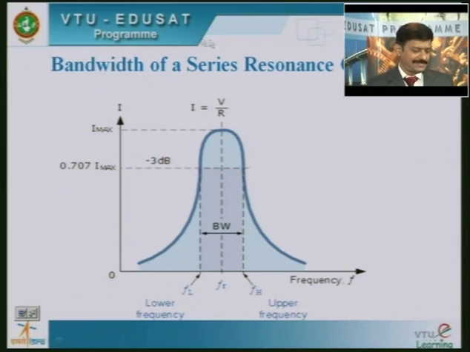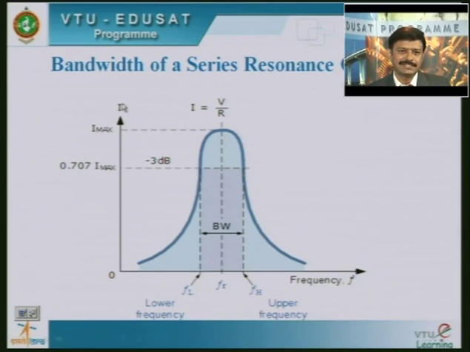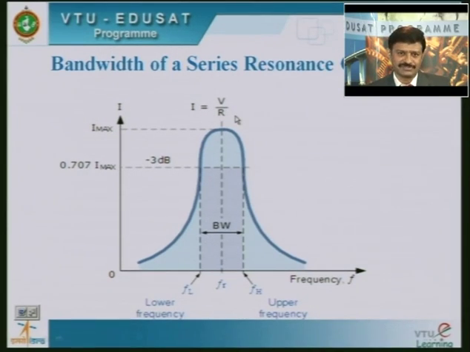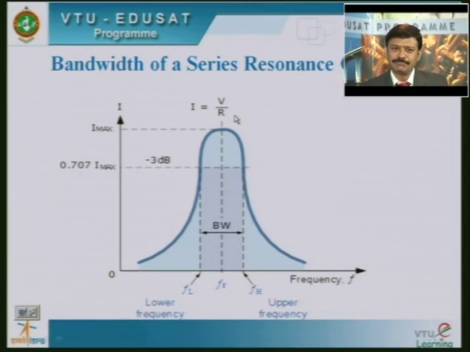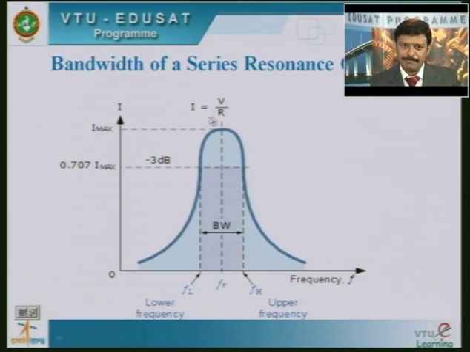See, this is the curve, the graphical representation of frequency versus current, and current will be maximum under resonant condition. This is the maximum point. So, I equal to V by R, that is equal to V by magnitude of impedance, because as impedance is minimum, current will be maximum. Now, here there are 2 half power frequencies at these 2 points.